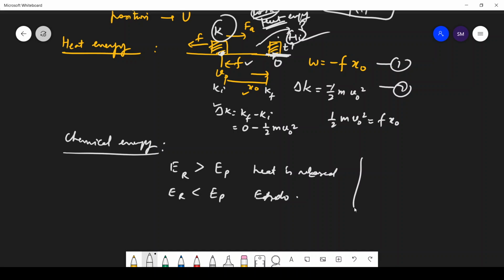So we harness a lot of chemical energy from coal, cooking gas, wood, petrol, and diesel, and their chemical energy is indispensable to our life, to our existence. So next is electrical energy.